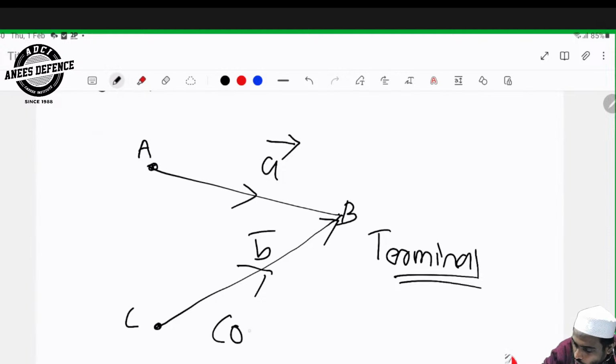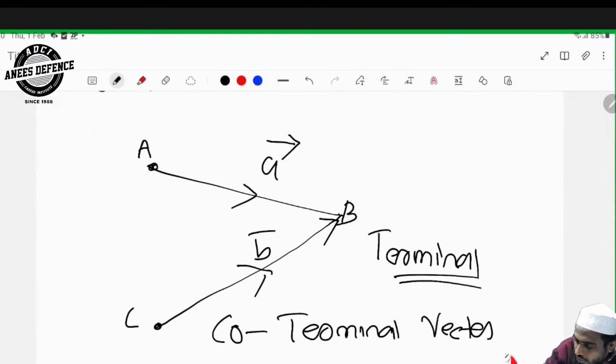Therefore, the name co-terminal vectors.